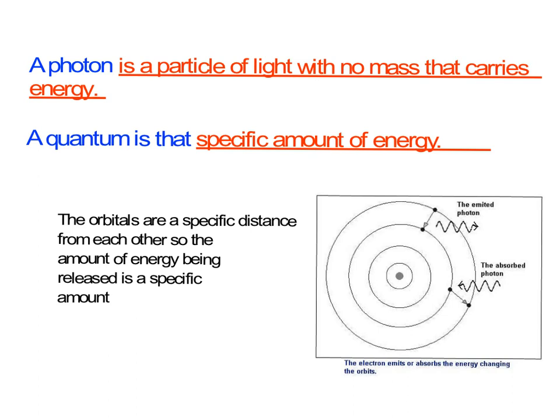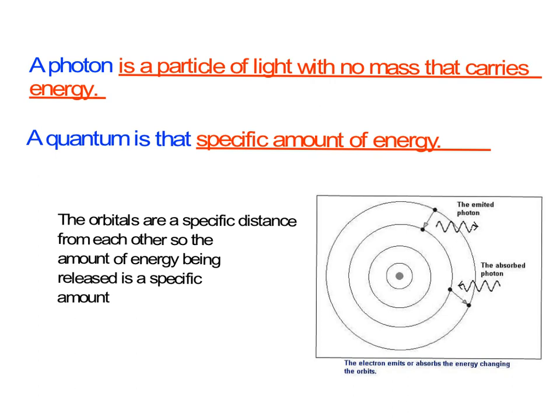but it does carry some energy with it. We call that specific amount of energy a quantum or a quanta. A quanta is how we identify exactly how far electrons fall when they fall from various energy levels. When they fall from 3 to 4, they release a particular quanta of light. When it falls from 3 to 2, it releases another different, distinct amount of energy, a particular quanta.